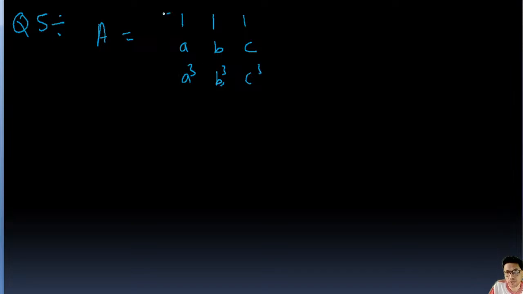This is the matrix which is given, and also the rank of the matrix is given. The rank of the matrix is 3. And this is a 3 cross 3 matrix, we already know.